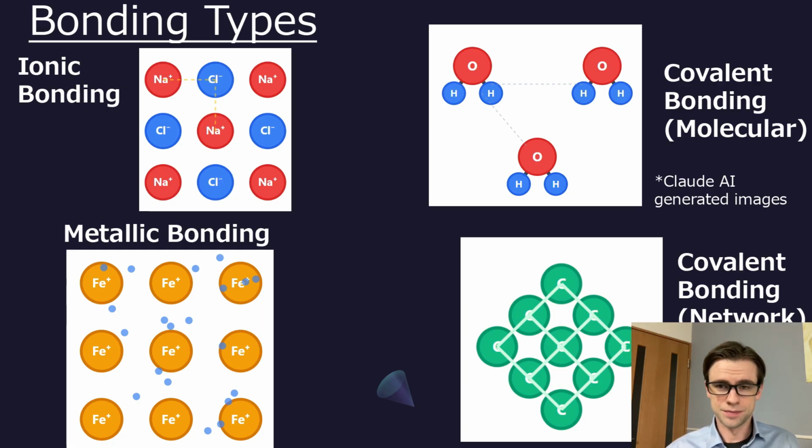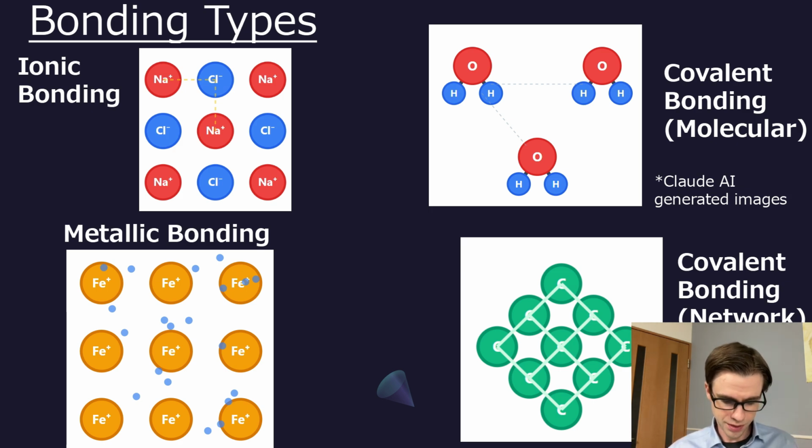So I just want to reinforce that covalent bonding molecular is quite a bit different than the other 3. Instead of each atom being surrounded by bonds all around it, it's very specifically bonded to some other atoms in the single molecular structure. That's going to explain why a lot of different properties happen, including strength and weakness and boiling point and melting point.